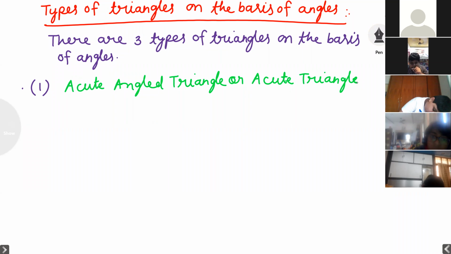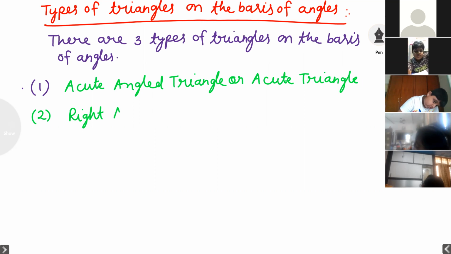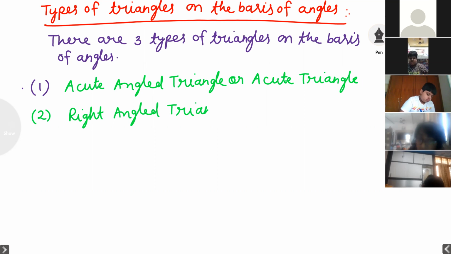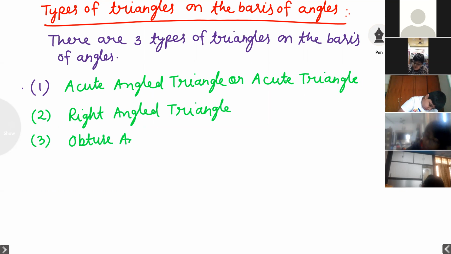Second one is right angled triangle. Third one is obtuse angled triangle, or we can say obtuse triangle.